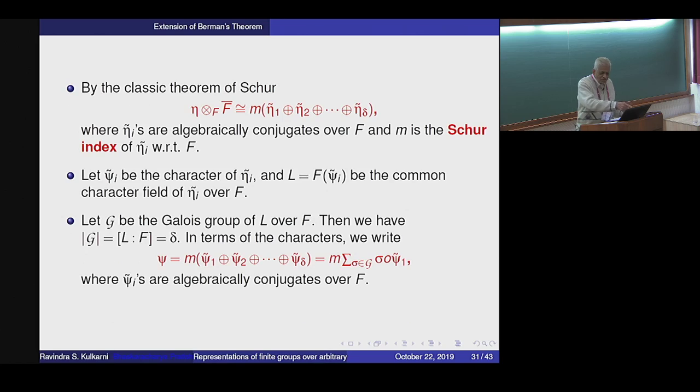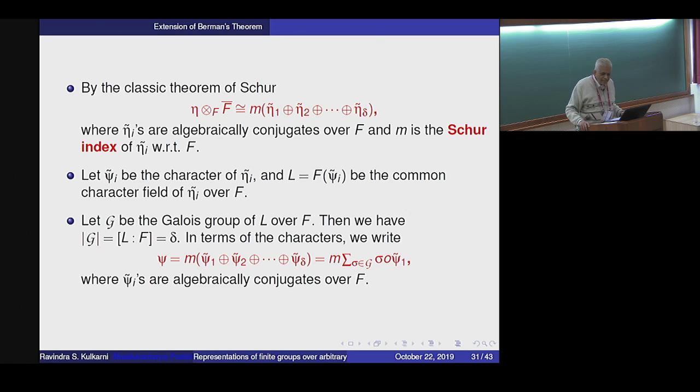So we know by Schur's theorem that we stated before that eta tensor F bar is M times eta 1 tilde, eta 2 tilde, up to eta delta tilde, where delta is the dimension of Z over F, these eta tilde are algebraically conjugate over F, and M is the Schur index.